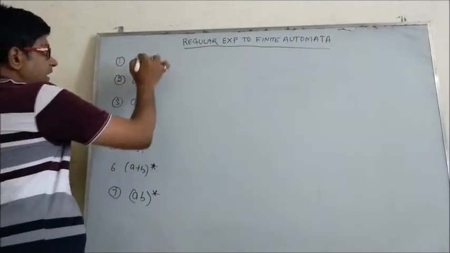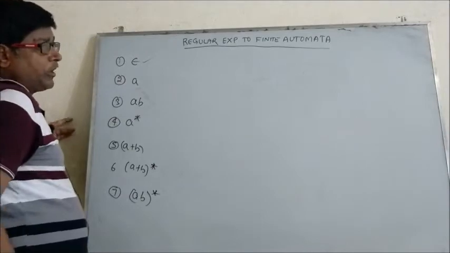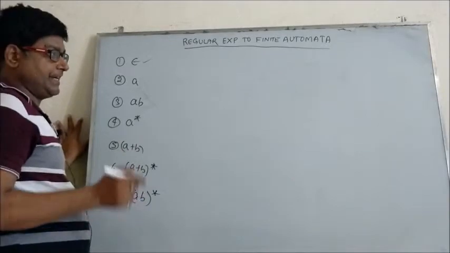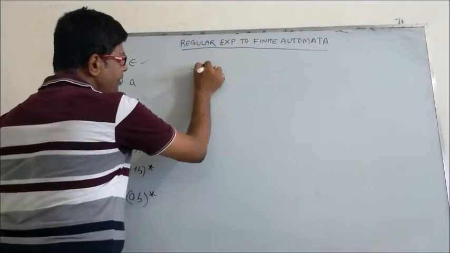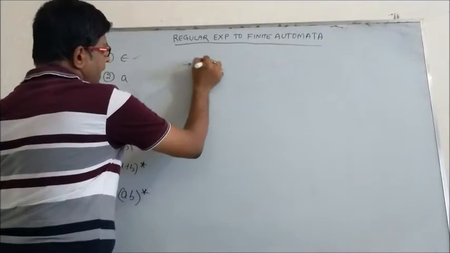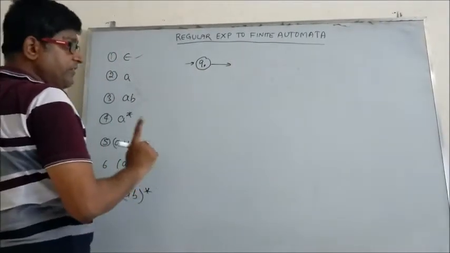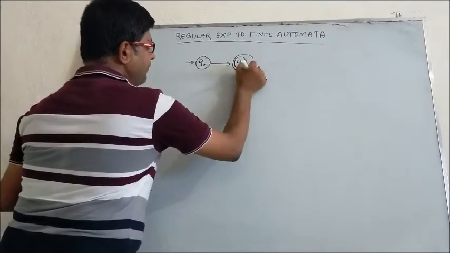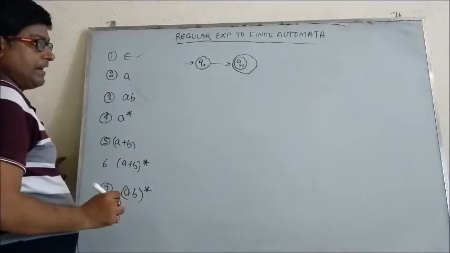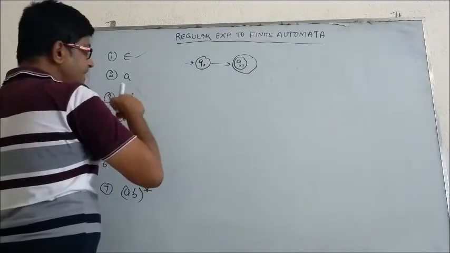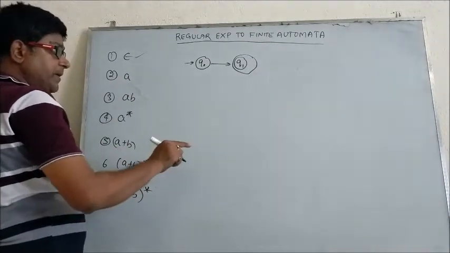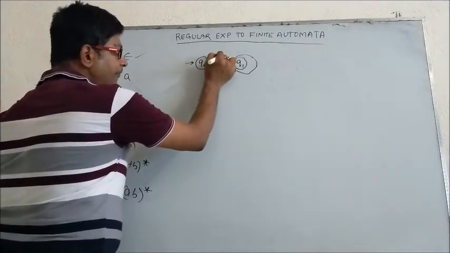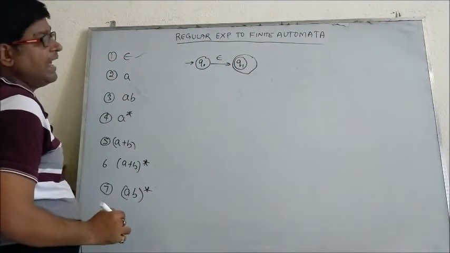Let's start with the first example, that is epsilon. Epsilon means that without giving any input symbol, I can change my state. Suppose I am on Q0, and without giving any input symbol, I can reach Q1, and that will be your final state, correct? So if I am not providing any input symbol and still I am able to change the state, that means I am giving a symbol known as epsilon.